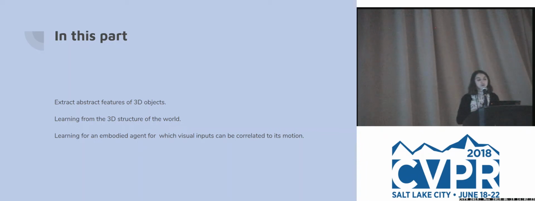Then we'll look into how you can use unsupervised learning and also take advantage of the 3D structure of the world to obtain things like depth of the scene and your own ego motion as you're moving through the scene. And by ego motion, I mean motion of a vehicle in the scene.